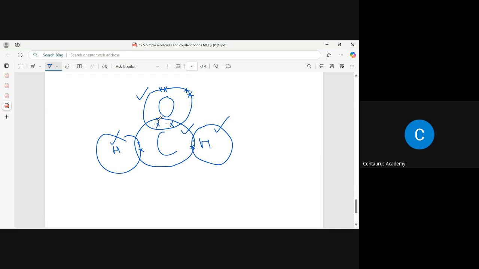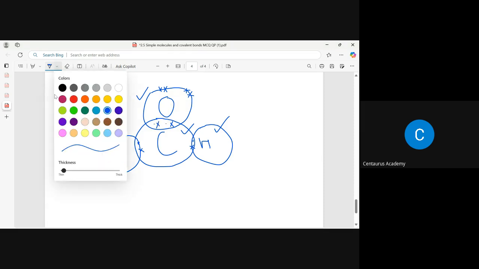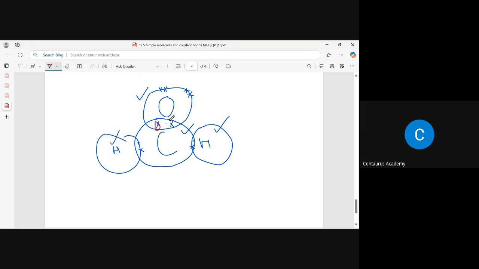Oxygen is only sharing its 2 electrons. 2 of these crosses are oxygen's electrons. 2 of these dots are carbon's. Now come back to your question again. Repeat your question. Oh, okay. I get it. Now you get it? Okay.